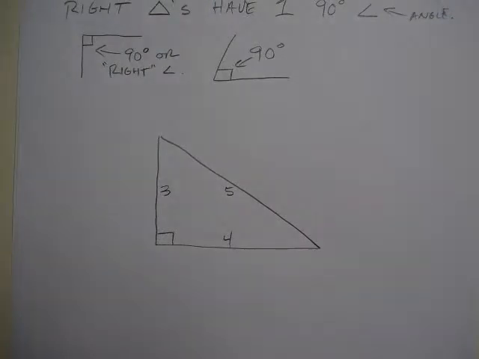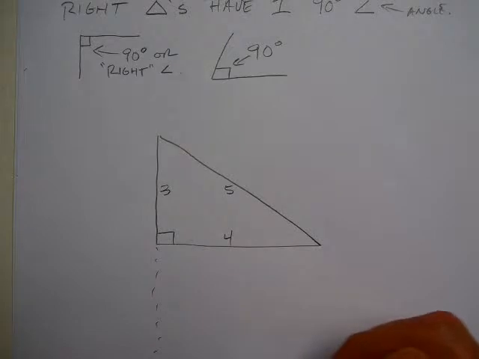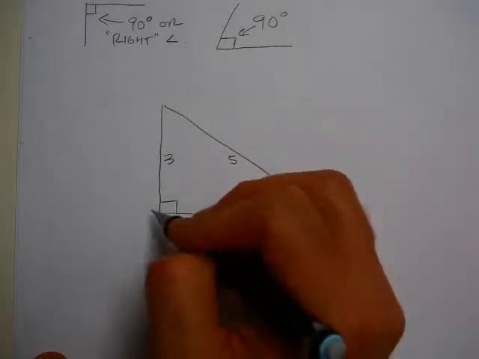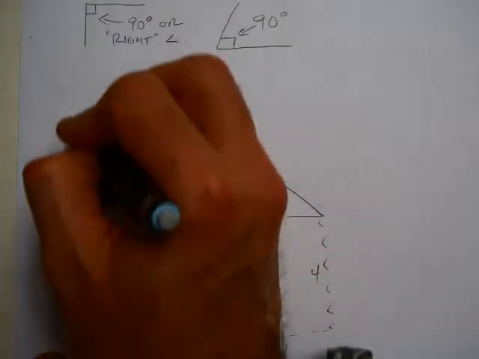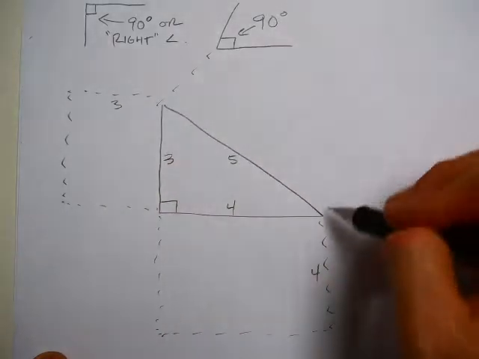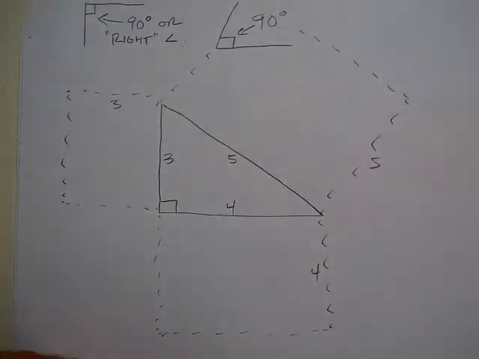And what he noticed was this: if he built a square off of each side, it looks more like a rectangle than a square.